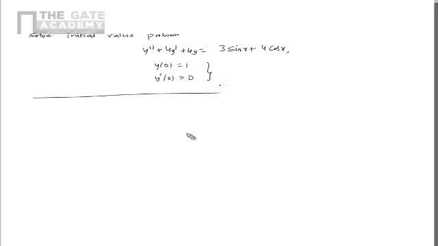Okay, same thing. So first is to find the complementary function. Let me write it in the standard form. So this is (D^2 + 4D + 4)y = 0.